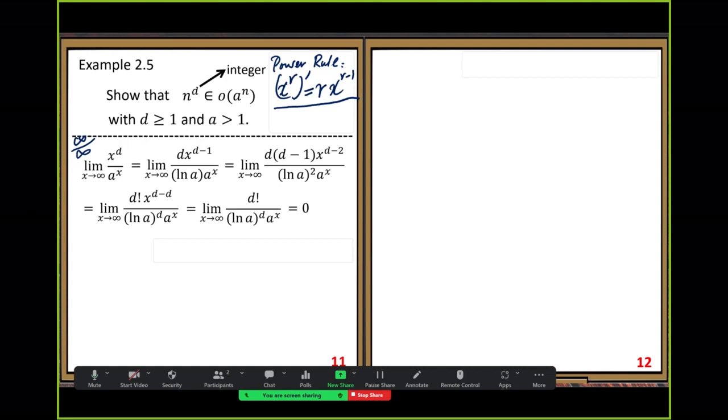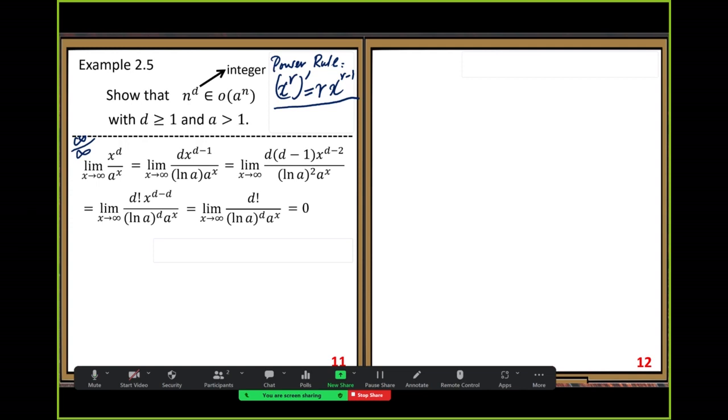But we need to make sure every step of our logical reasoning is correct. I don't want to see steps with wrong logical reasoning where your answer happens to be correct. We're not satisfied with that.